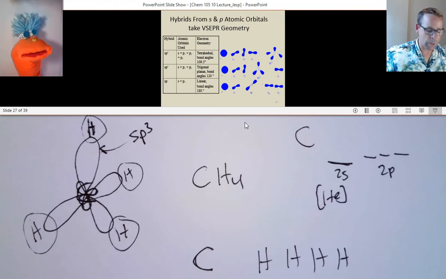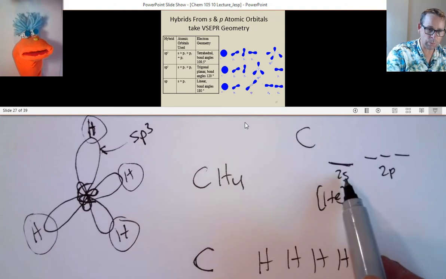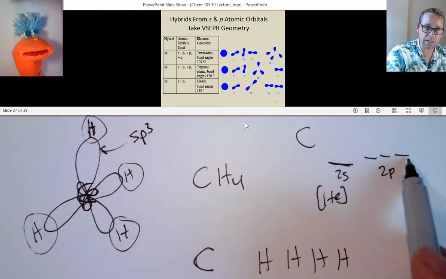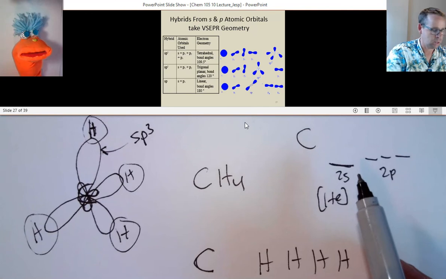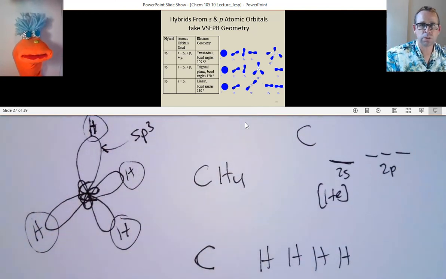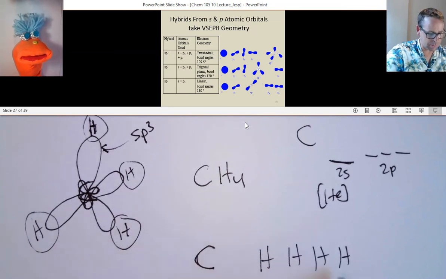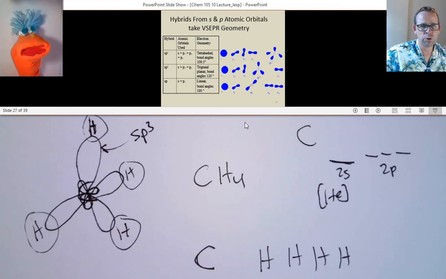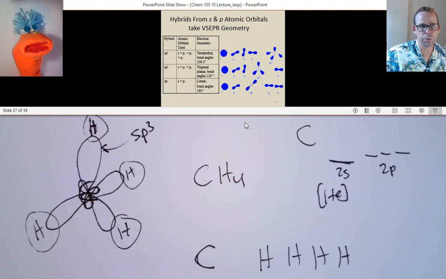It's because carbon took one of its s and 3 of its p's, combined them together, and extended those hybrids out towards the atoms it was going to bond to. So you name them sp3 hybrids because they were made of an s and 3 p's.